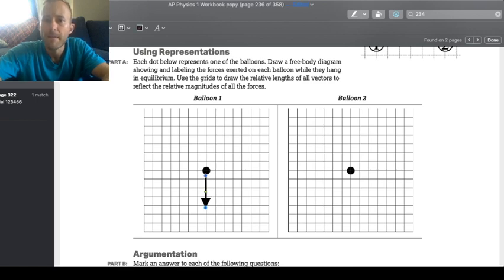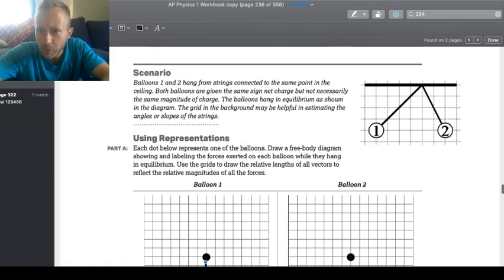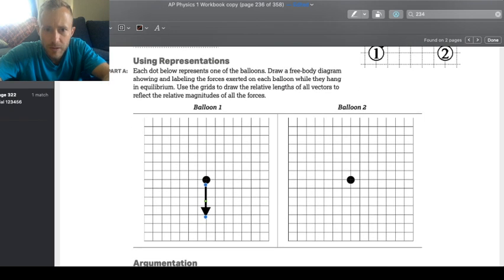We can see that the slope of this goes 1, 2, 3, 4 down and 4 across. So this one is going to be over 4, up 4, something like that.